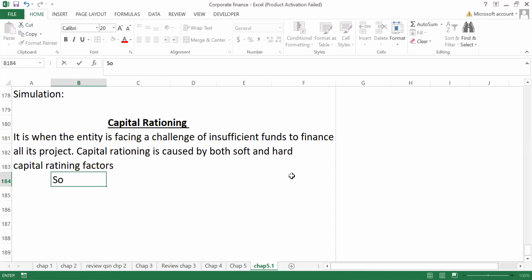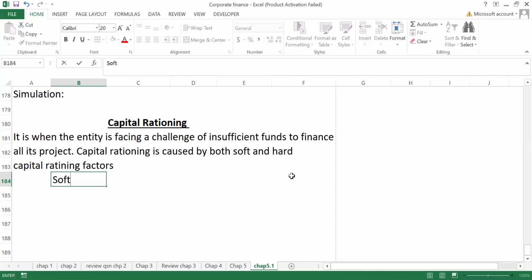When it comes to capital rationing, it is mainly caused by factors that are soft or hard, so we have soft capital rationing and hard capital rationing.